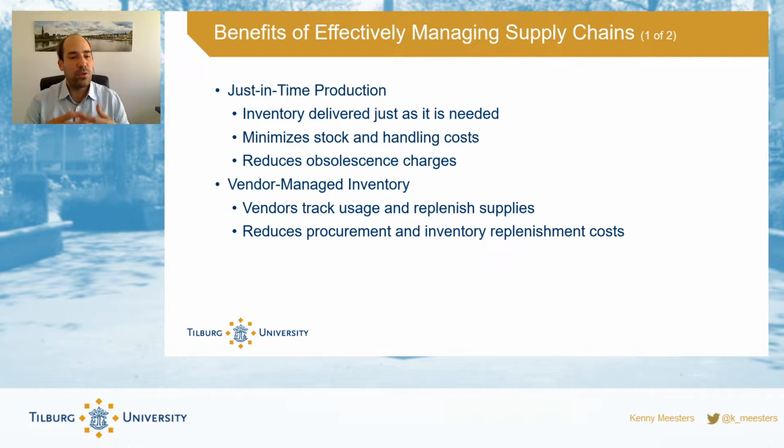One way to do this just-in-time production is what they call vendor-managed inventory. So the vendor is essentially the supplier. And what companies do is they give suppliers access to their inventory systems. And the suppliers, the vendors, will ensure there is enough supply.